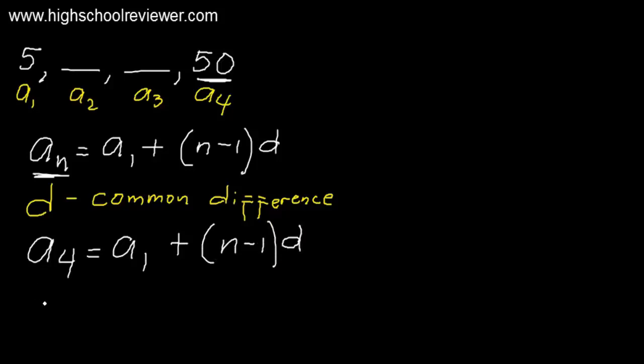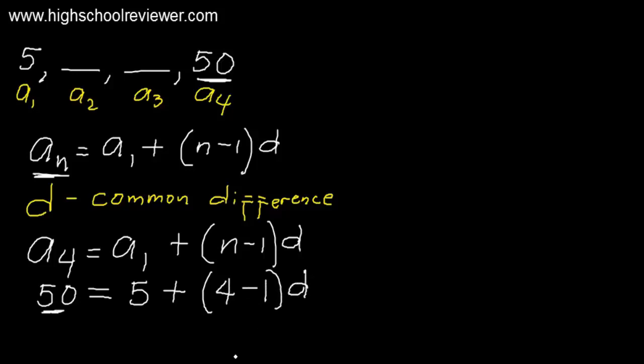So the value of a sub 4 is positive 50, and the value of a sub 1 is positive 5, plus our n here, since this is a sub 4, will be 4 minus 1 multiplied by d. Since d is the only variable remaining here, we can solve for d.